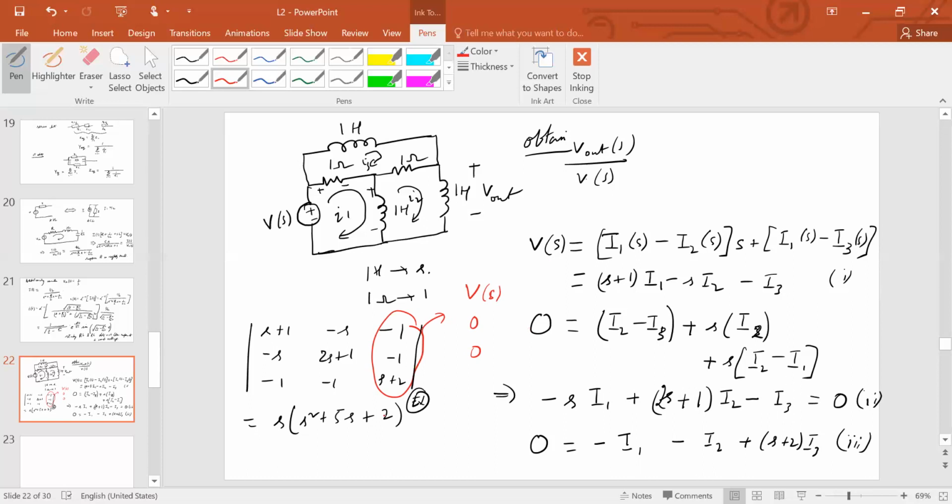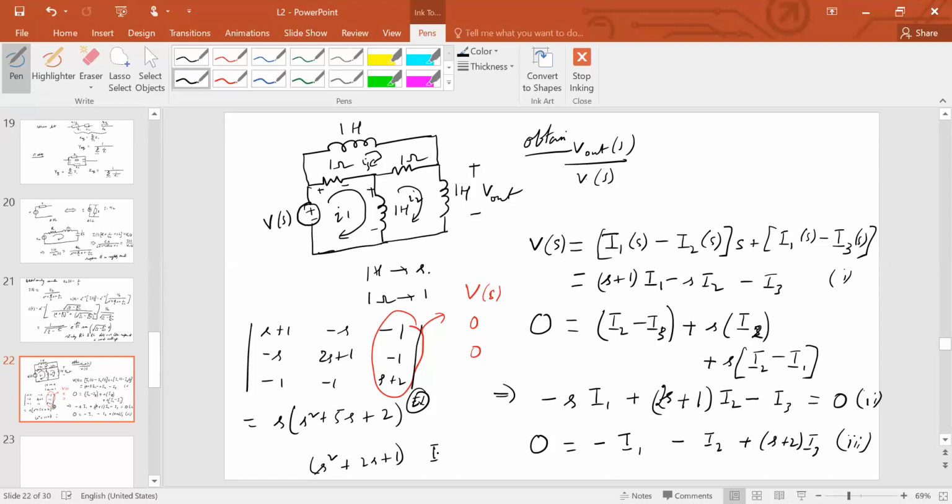If you solve that, you will find that the other determinant turns out to be S squared plus 2S plus 1. So if you replace this column with this, then that determinant turns out to be this.